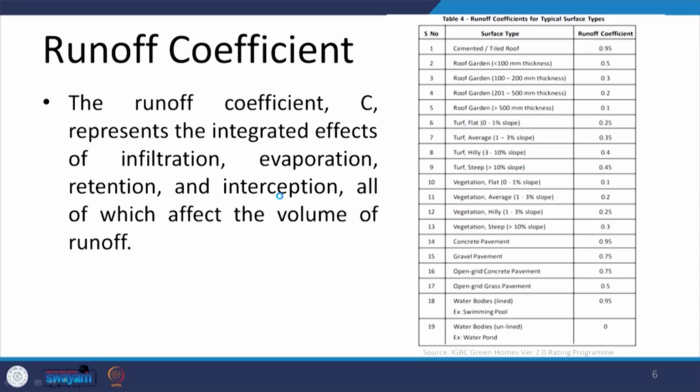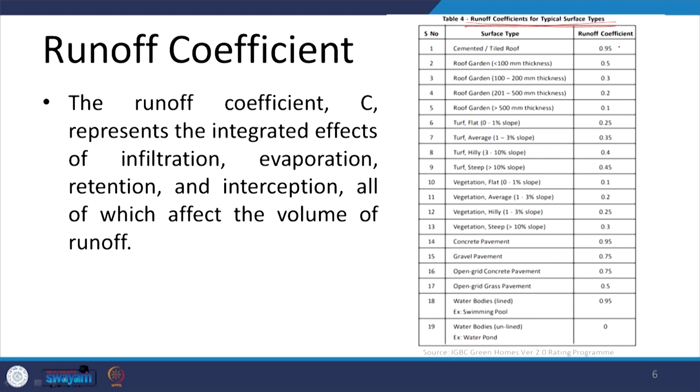When we are talking about the materials, we are concerned about the property of these materials, which is called runoff coefficient. Now, this table gives the typical runoff coefficients for these different types of surface type options.